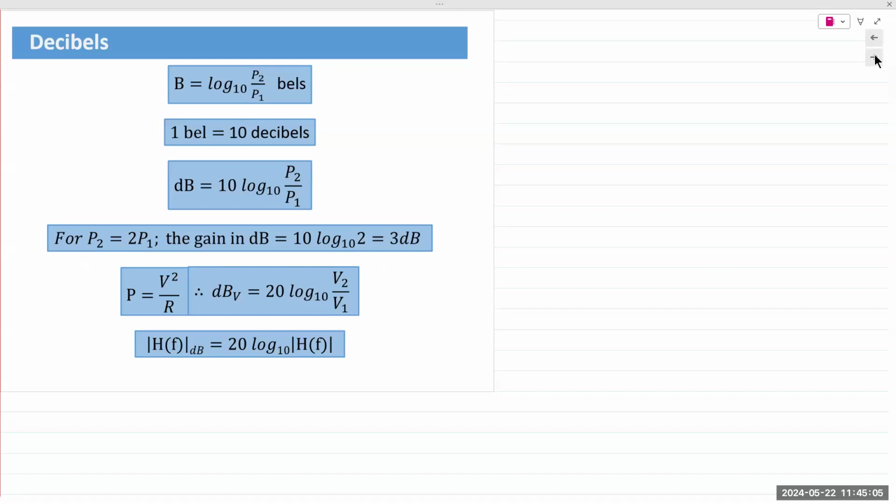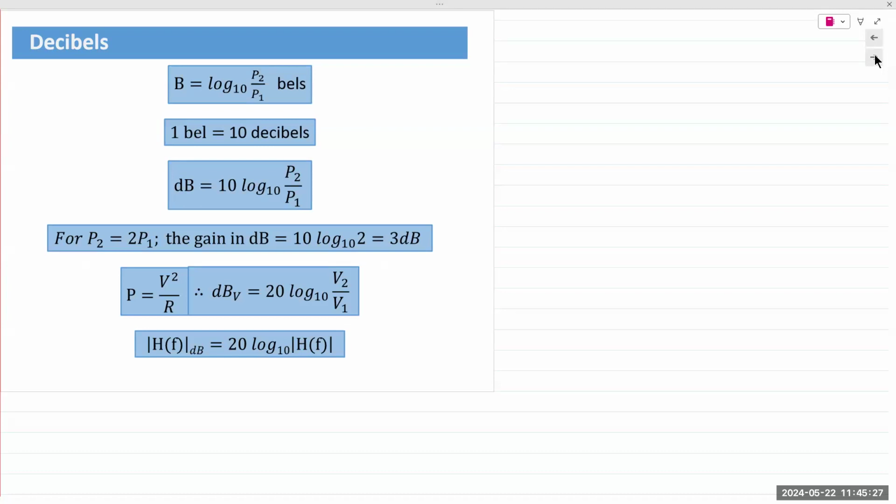Think about this. Telephone lines, first being installed over 100 years ago, sending in power at the telephone exchange, you obtain power out at the consumer's residence or office. There is a lot of loss occurring in the transmission lines. How do you quantify that loss? A very large value to a very small value.